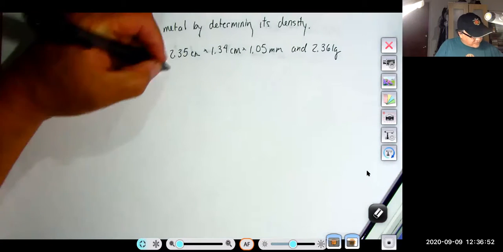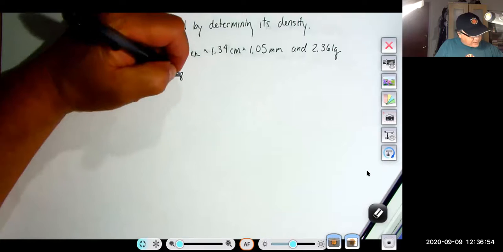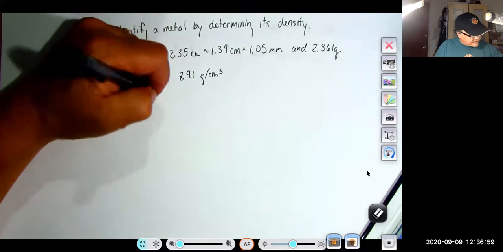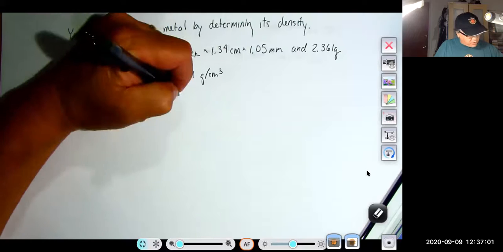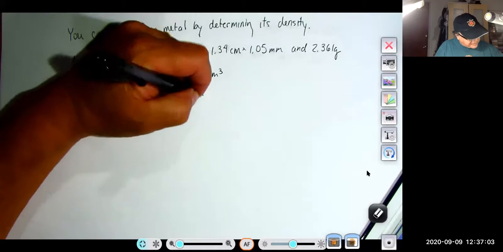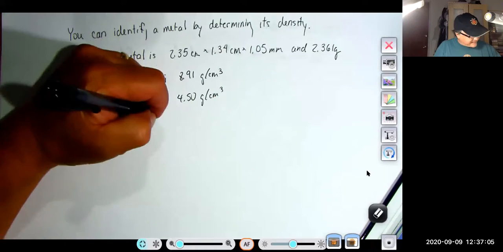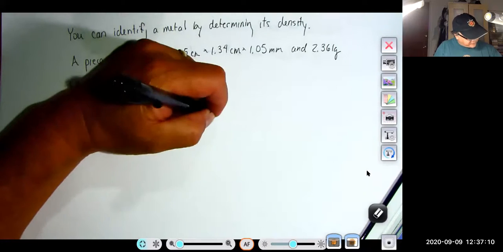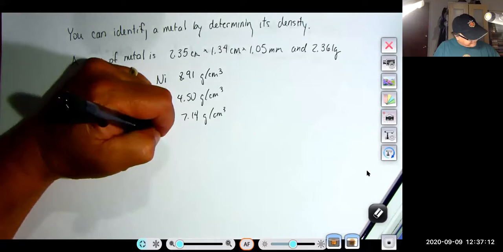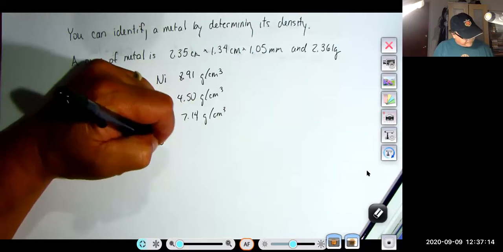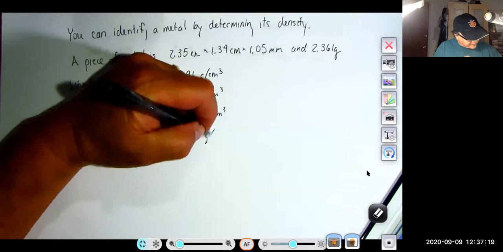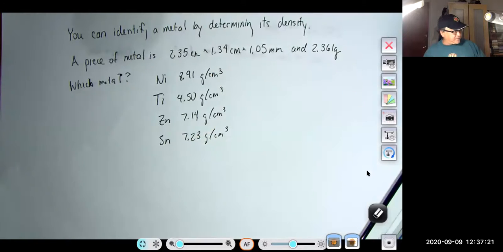So nickel is 8.91 grams per centimeter cubed. Titanium is 4.50 grams per centimeter cubed. Zinc is 7.414 grams per centimeter cubed. And tin, Sn, is 7.23 grams per centimeter cubed. Okay, so based on this information, we're supposed to be able to figure out which metal it is.